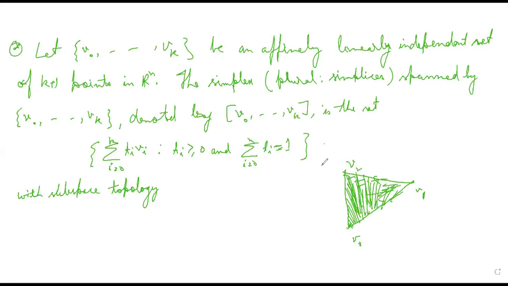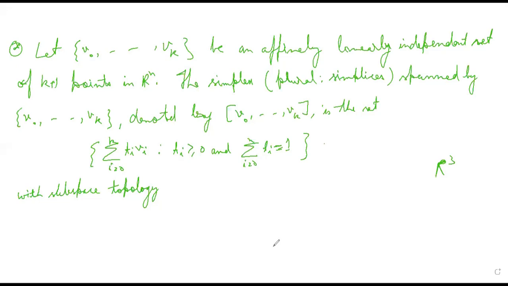Next, what we can see is the simplex spanned by 4 points in R3.